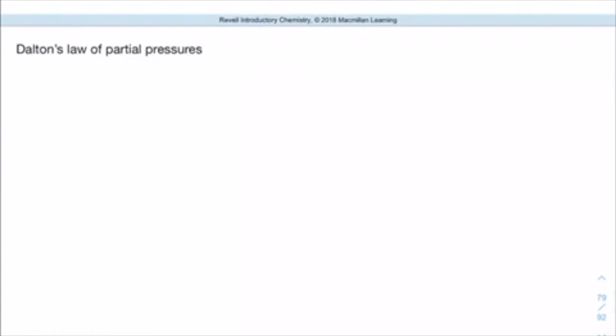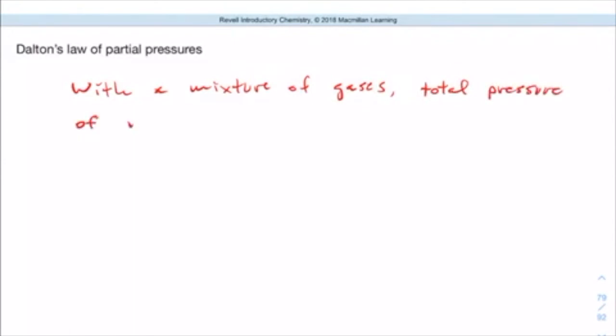Before we do anything more, we need to learn about a new law called Dalton's law of partial pressures. What Dalton's law of partial pressures says is that with a mixture of gases, the total pressure of the mixture equals the sum of the individual pressures.